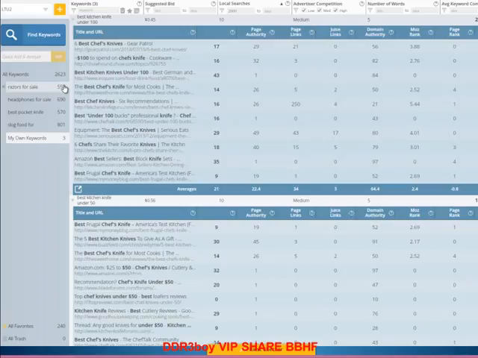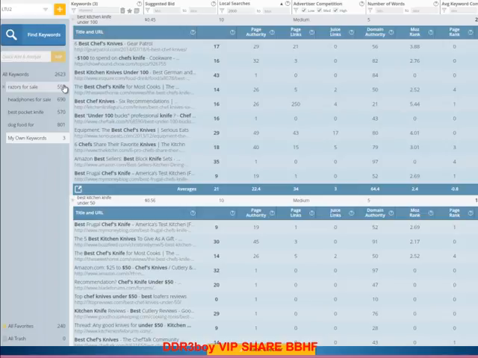What I hopefully have shown you is the type of SERPs that you want to see, the type of top 10 results that have weak types of sites and very low keyword competitiveness. As you write an article about these very low competition keywords, you're going to rank quicker.